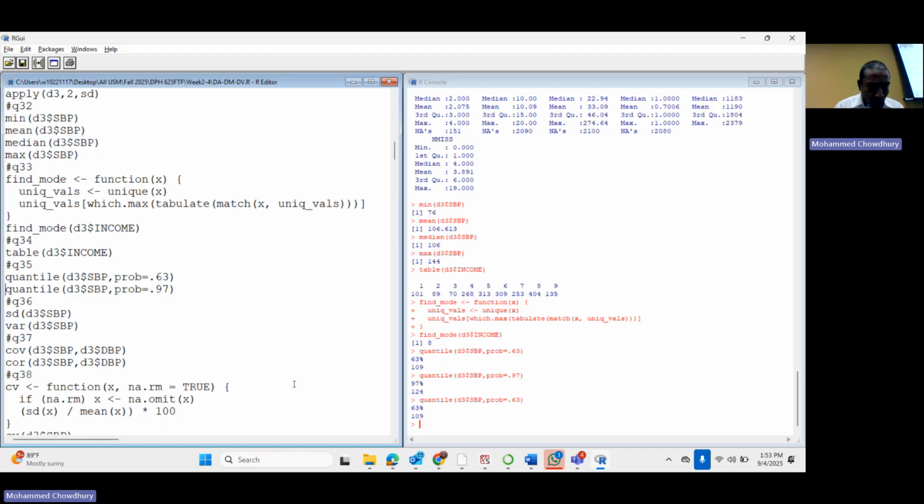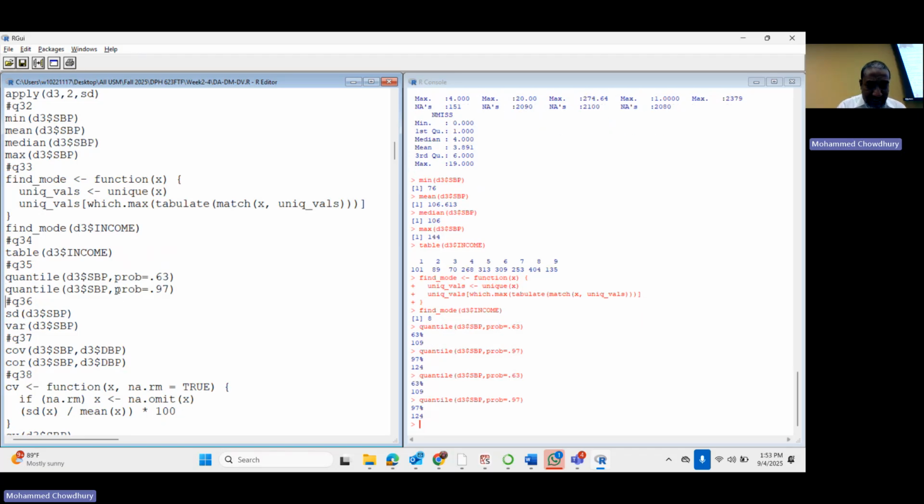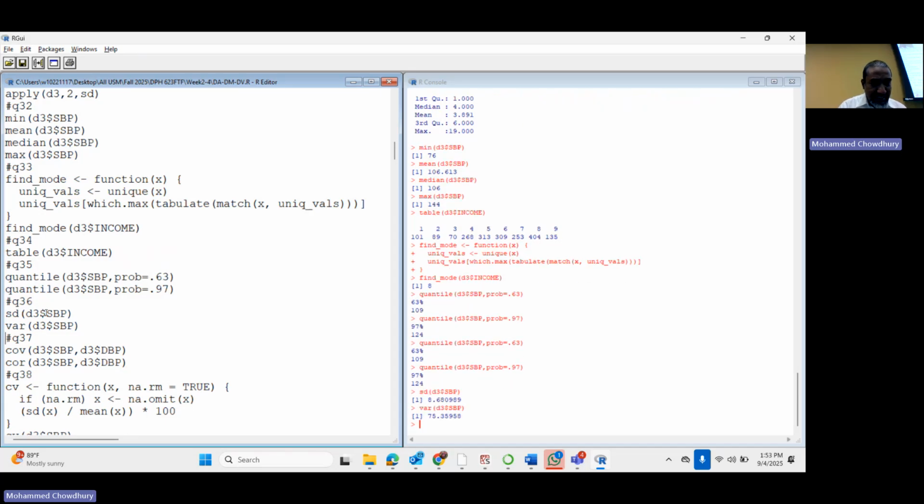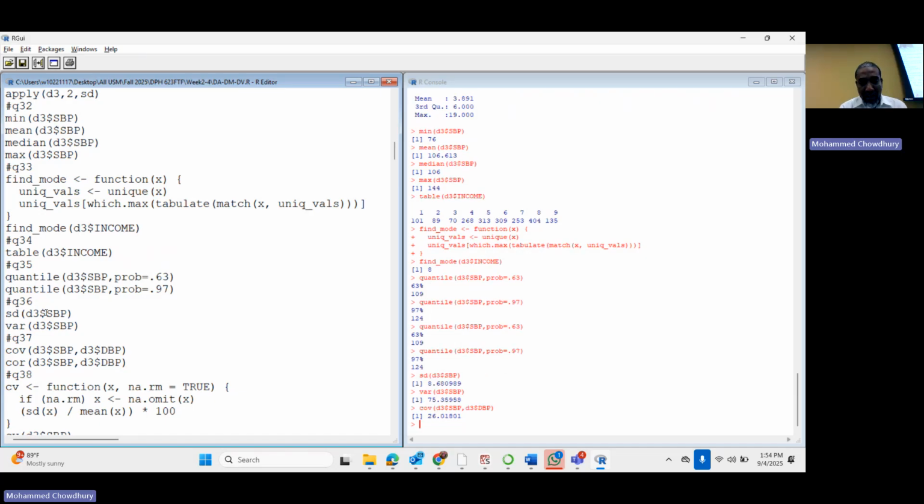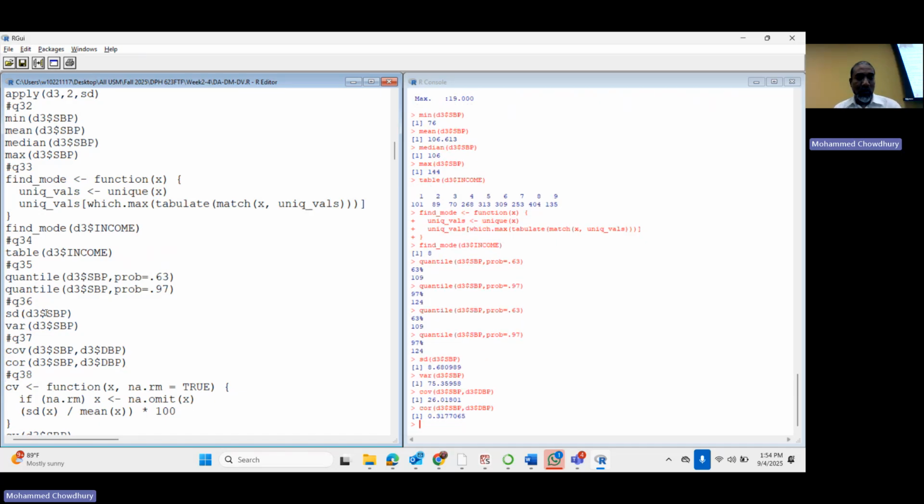And this is the 97th percentile value. This is the way you can find the standard deviation, and the variance. And then question 37 tells you how to find the covariance and the correlation.